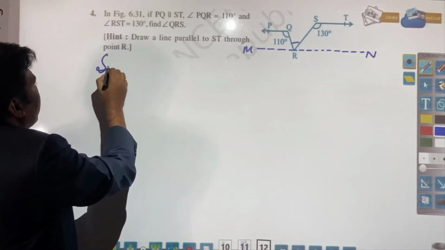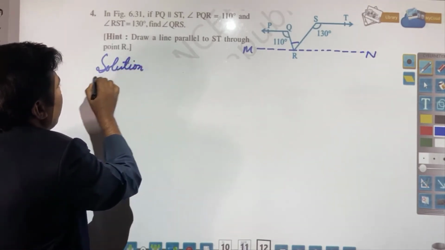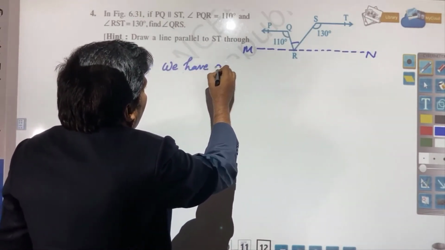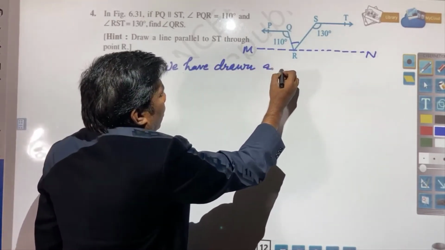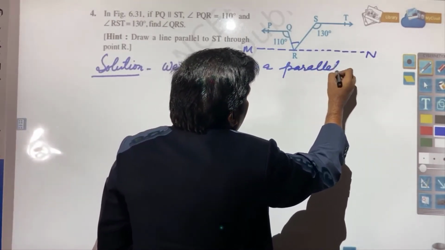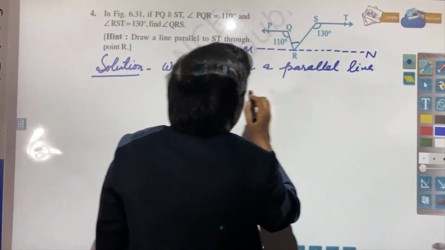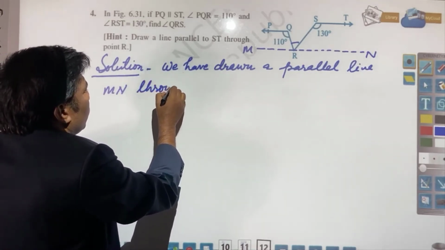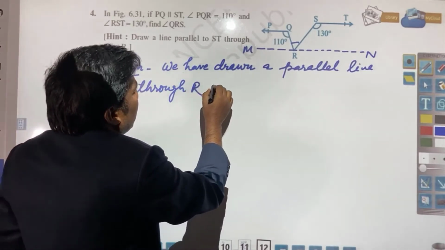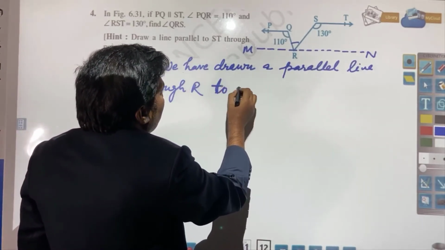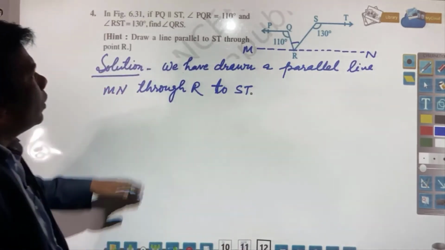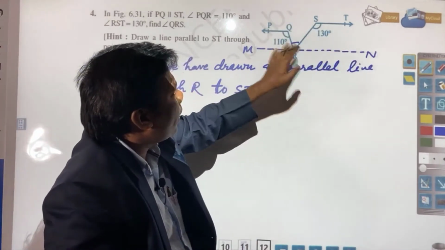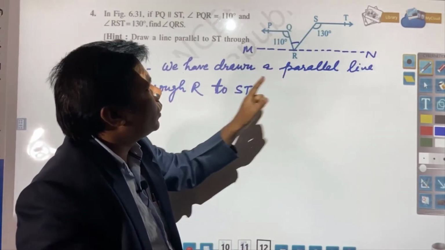Here we will write: we have drawn a parallel line MN through R to ST. Here you see we have drawn a parallel line MN through R to ST. ST and PQ are parallel, that's why MN will be parallel to PQ as well.